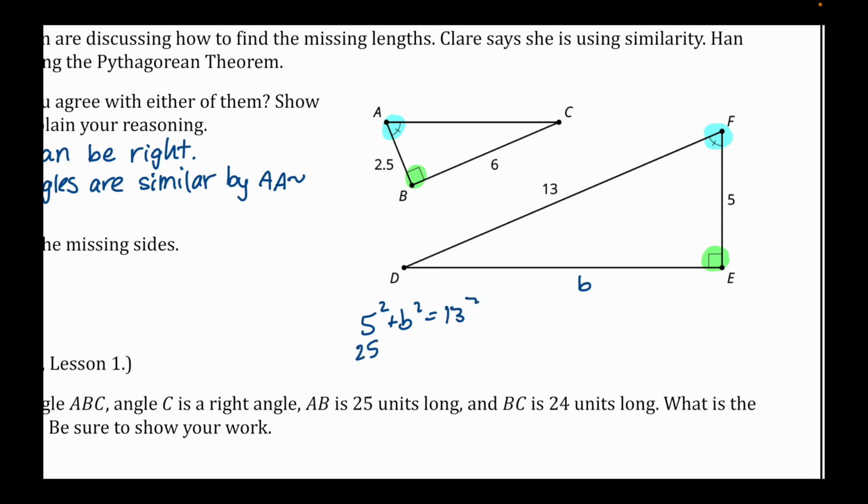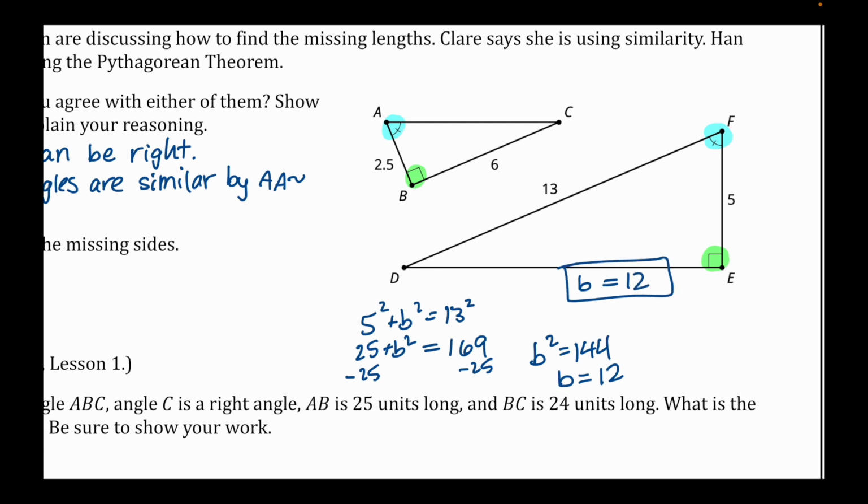This is 25 plus B squared. And 13 squared is 169. We're going to subtract 25 and subtract 25, and that would give you that B squared is 144. So go figure, it's going to be 12. So that would be this missing side length here.